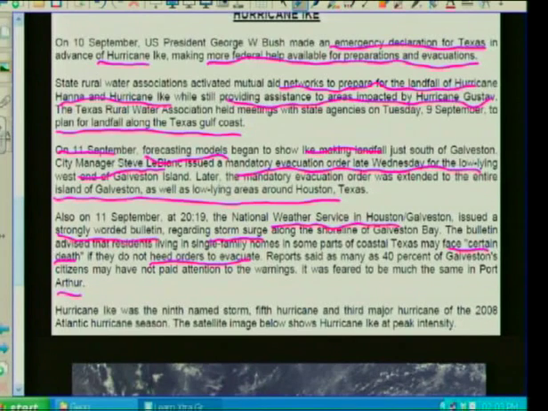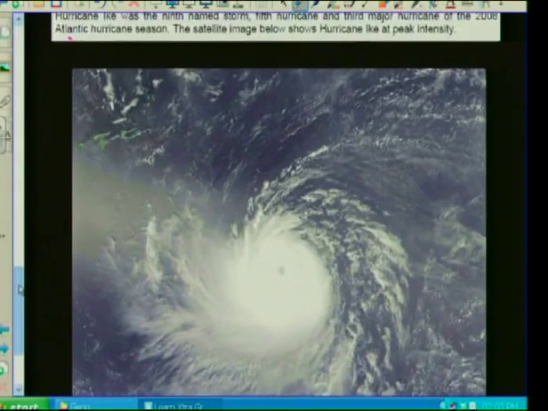Hurricane Ike was the 9th named storm, the 5th hurricane, and the 3rd major hurricane of the 2008 Atlantic hurricane season. Remember, they're named according to letters of the alphabet. So it happened in that area. The satellite image below shows Hurricane Ike at peak intensity. Quite a bit of information going through.